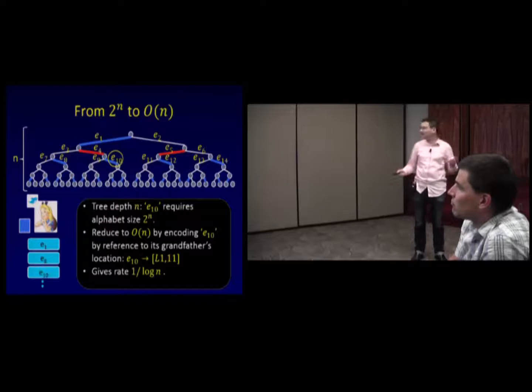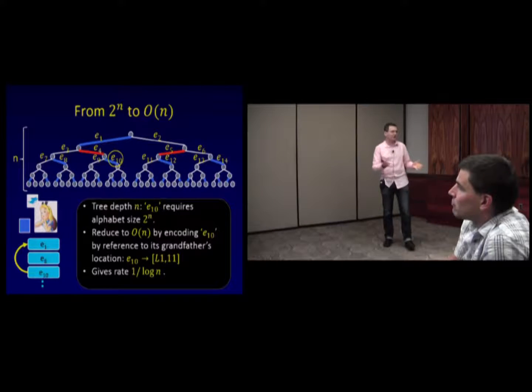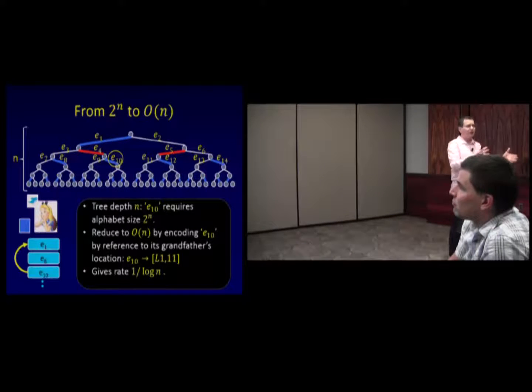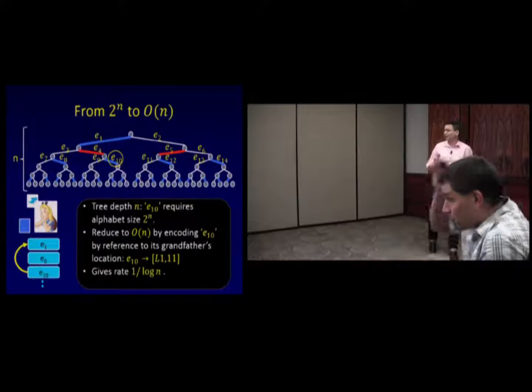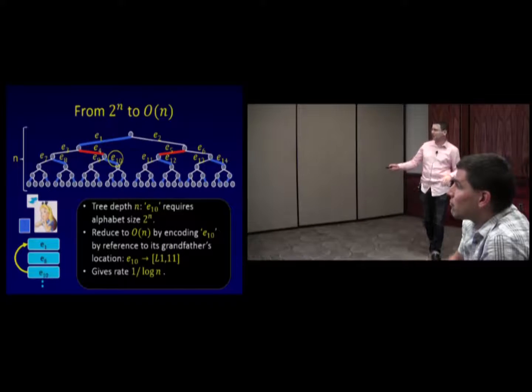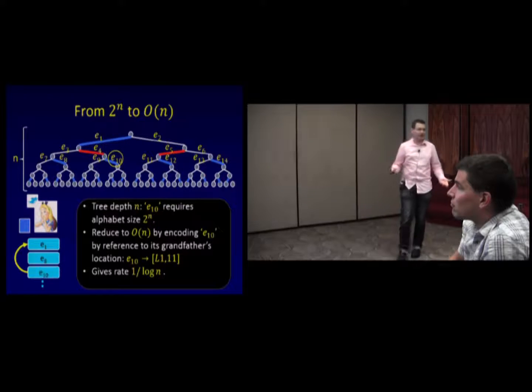So instead of saying E10, you can send a pointer to E1 and say, I'm the right grandchild of E1. So you immediately cut your cost from n bits to specify E10 to roughly log n bits. So the alphabet size is of order n, because you only need to specify a location in the stream and 2 bits. That saves you and gives you a rate of 1 over log n.